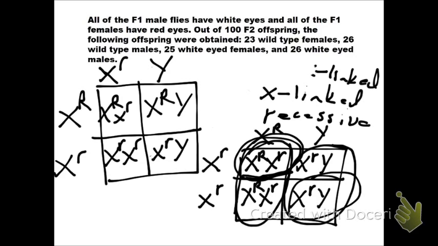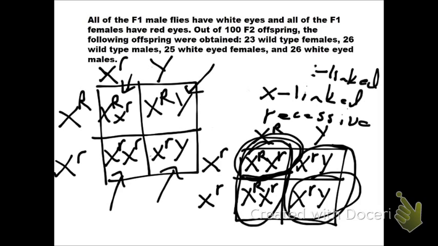Now what I hope you see here is that this offspring is female and has a big R, which means this is a red-eyed female. This offspring is XY, so it's a male, and it has a big R, which means it's red-eyed. This offspring is female, XX. Both of its alleles are little r's, which means it's a white-eyed female.